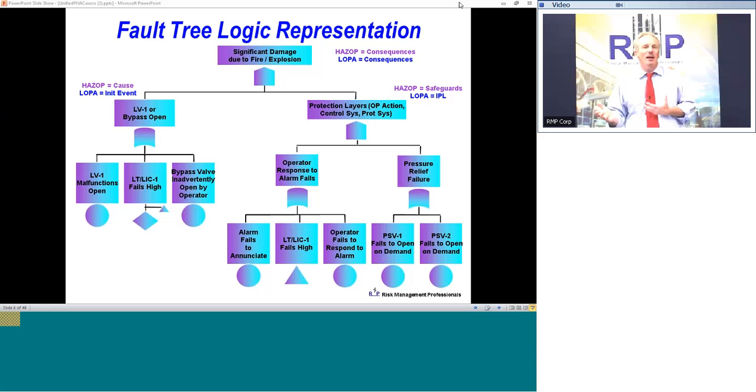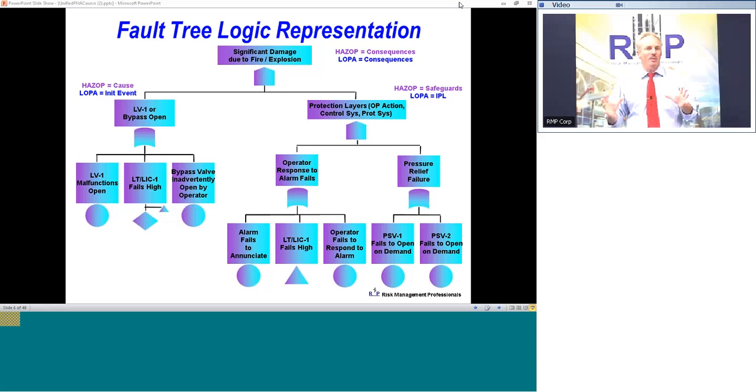The HAZOP, because it is semi-quantitative, you do risk rank, but you rarely assign specific probabilities to it. But still, you're trying to develop that scenario and flush things out. The HAZOP tends to be quicker. You write your causal event, your safeguards, and your consequences in a tabular form, easier to read, but again, you don't have as much quantitative information to get out of that.